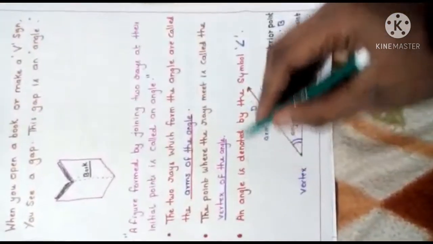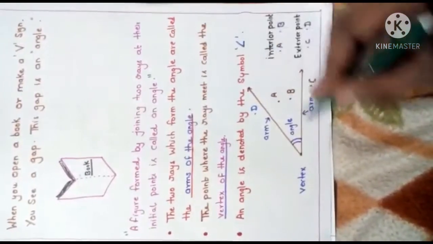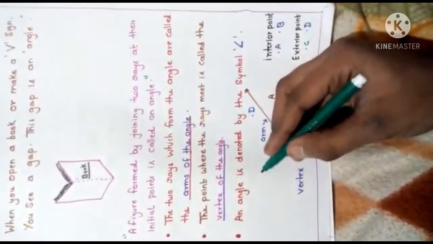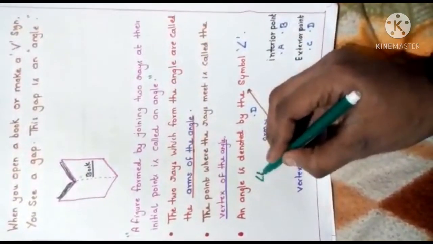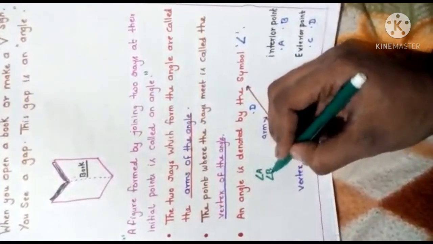Next, an angle is denoted by this symbol. If we explain angle A, then you write here. If you explain angle B, then you write here.